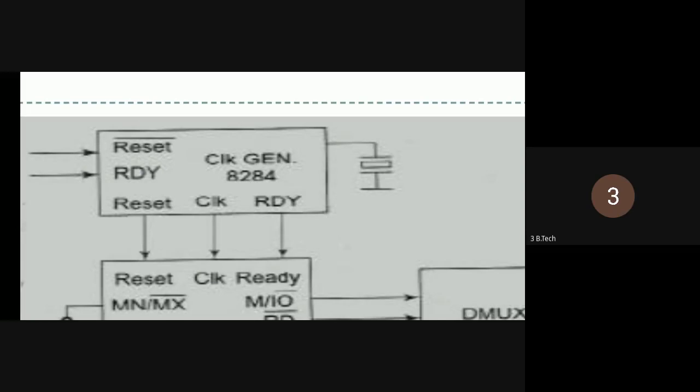We are using the 8284 clock generator here, though different types of clock generators are available. The clock generator provides the clock signals to the microprocessor, so the microprocessor clock signal is synchronized with the clock generator clock.